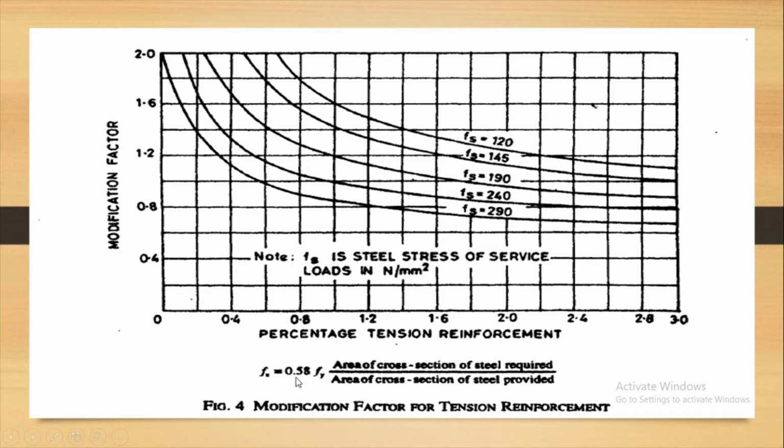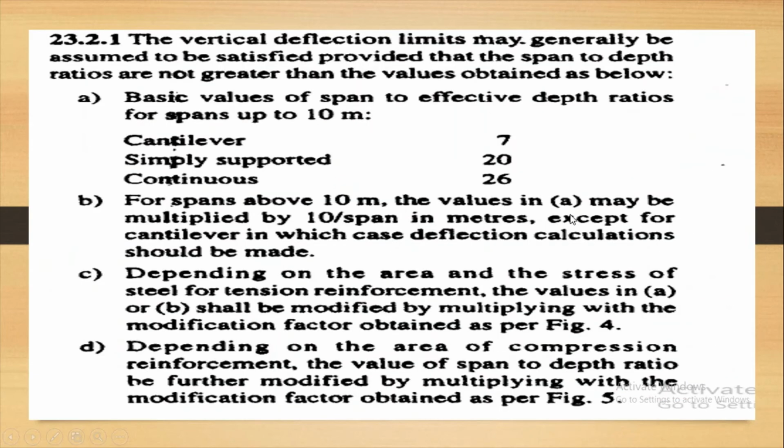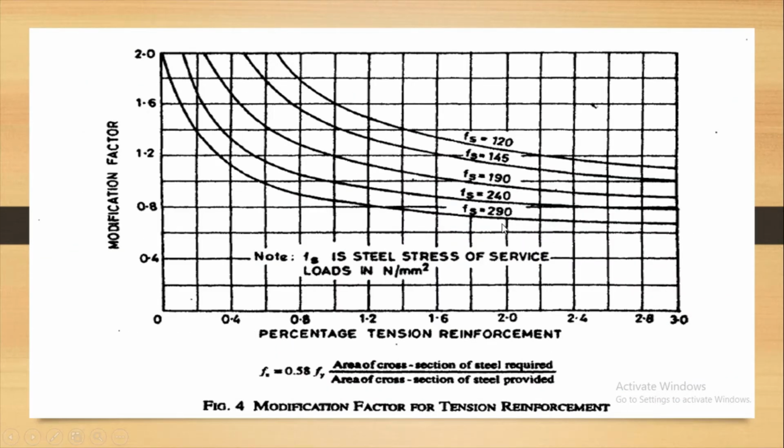So if we multiply 0.58 into 500, we're going to get 290. So we're getting Fs equal to 290, and the percentage of steel of tension reinforcement is 0.4.